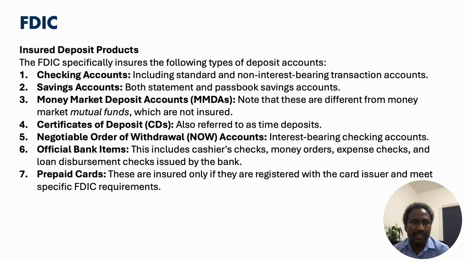Also money market accounts, certificates of deposit, and time deposits. Also checks, money orders, expense checks, and loan disbursement checks are all covered. Prepaid cards are also covered. A prepaid card is a card type, not an account, but it is still considered an account. Why?